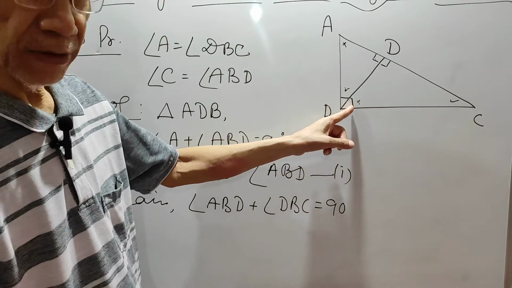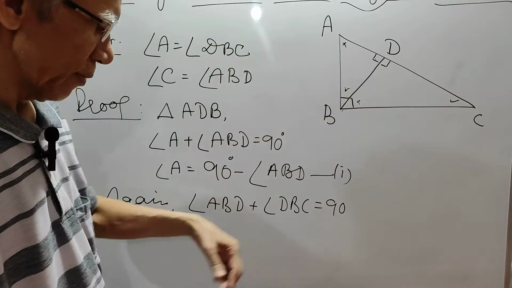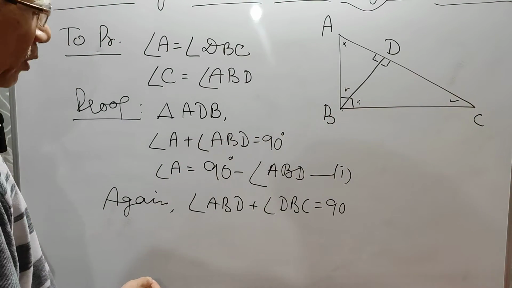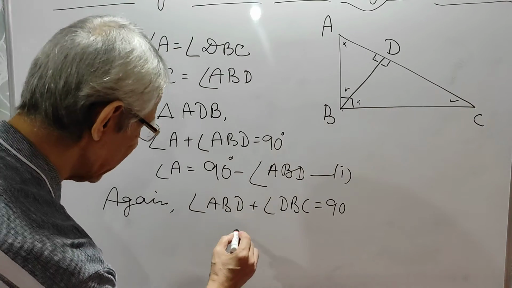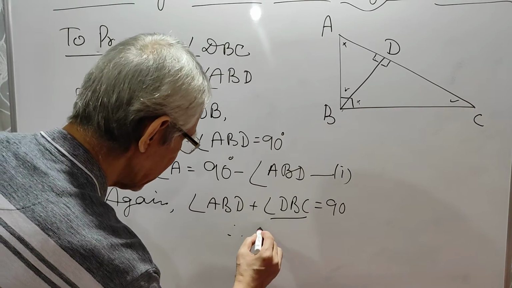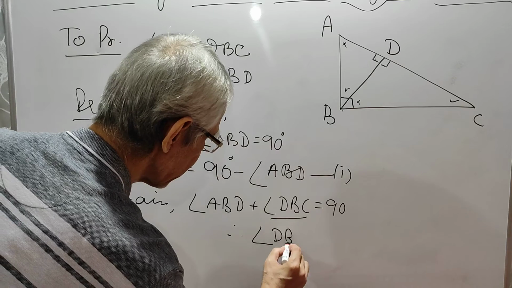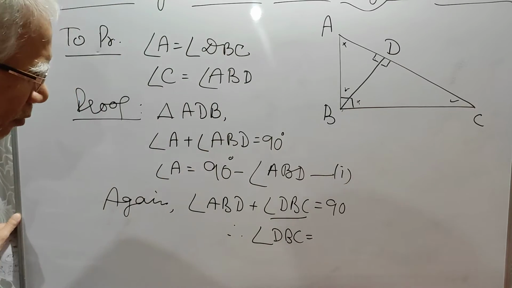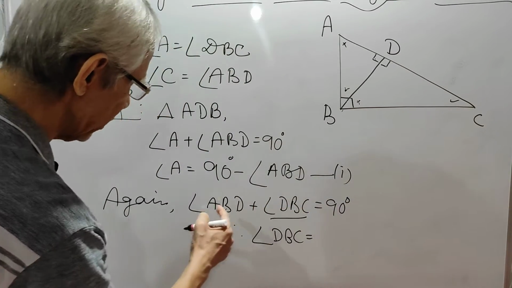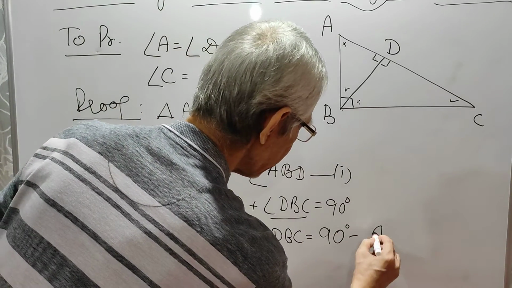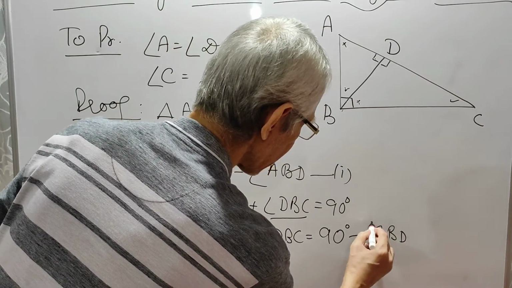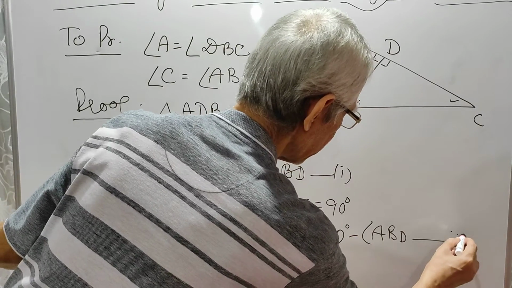Therefore DBC will be equal to 90 degrees minus ABD. So this one you call number 2.